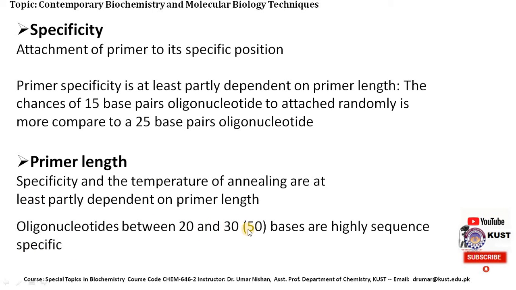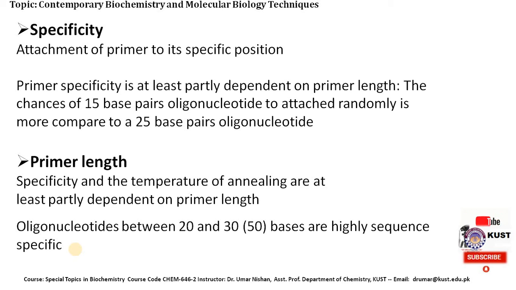Oligonucleotides between 20 and 30 to 50 bases are highly sequence specific. So this is why in the start of the reaction, when we talked about requirements for conducting a PCR, we talked about primers, but then we talked about the length. It's because primer length is important.